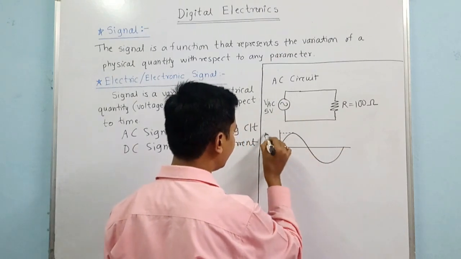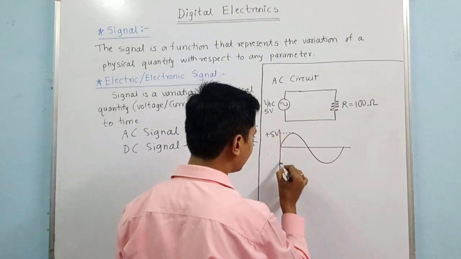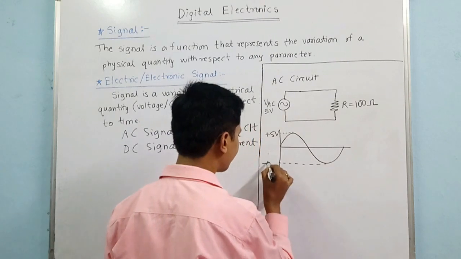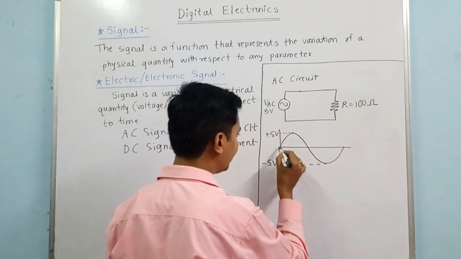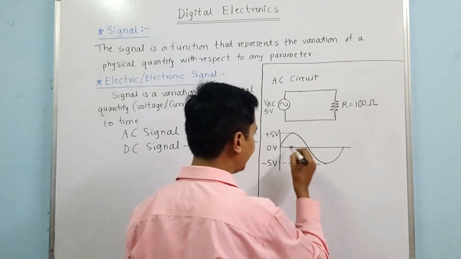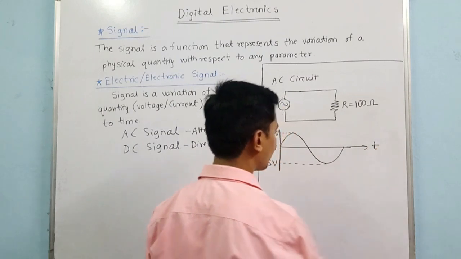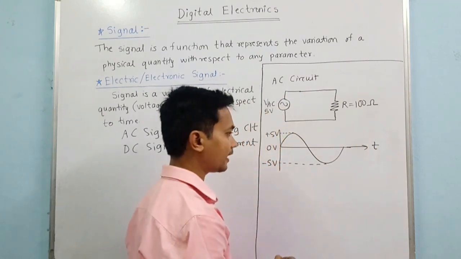So this peak is 5 volt, this negative peak is minus 5 volt, and this line is nothing but 0 volt. This signal is varying with respect to time.